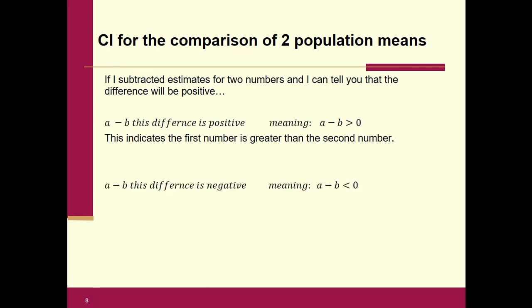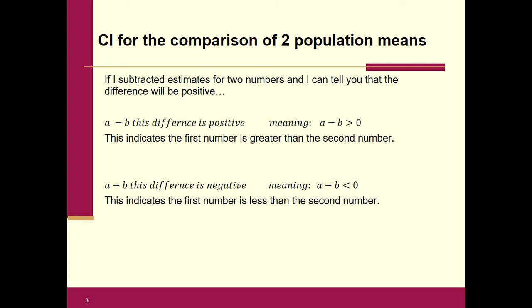If I took two numbers, A minus B, but now the difference is negative, which one has to be greater? This indicates that the first number is less than the second, or if you prefer, that the second number is greater than the first. Hopefully that makes sense.